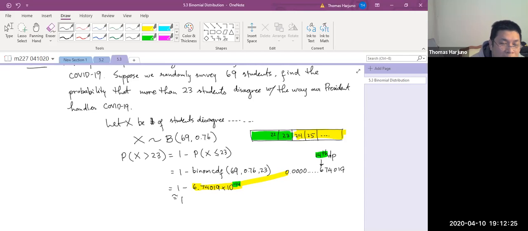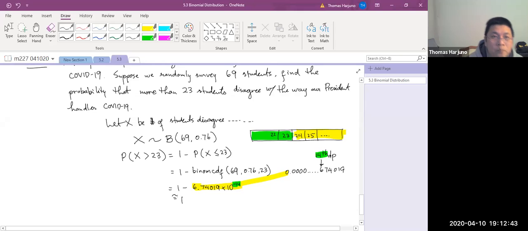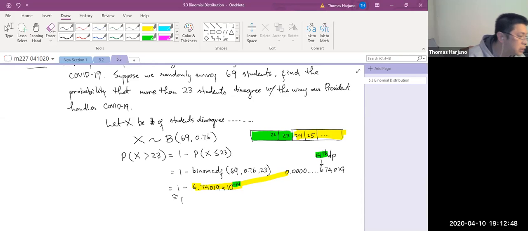Then I will say 100% sure that it is more than 23 students. It's so close to 100% because the probability here is 1. Okay, now that's for this binomial distribution.